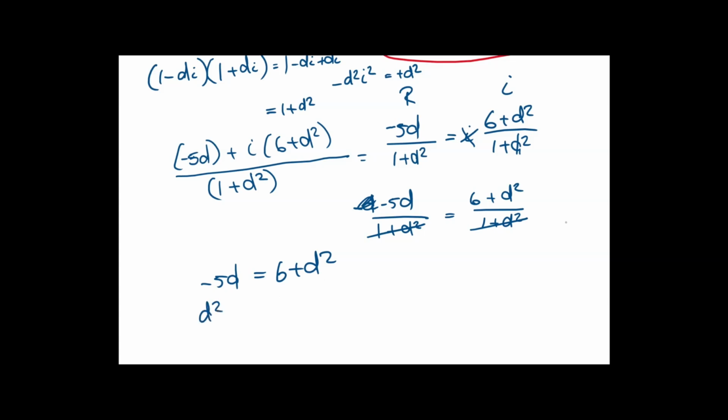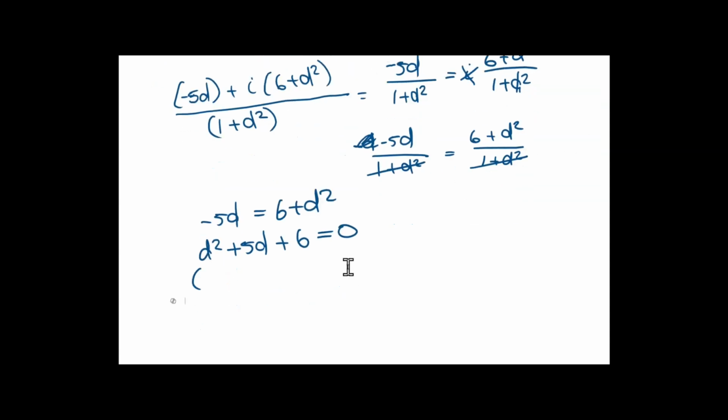So d squared plus 5d plus 6 equals 0. Now it's a quadratic and we want to factorize that. It's going to be 3 and 2, like d plus 3 and d plus 2 equals 0. So d can be minus 2 or minus 3.